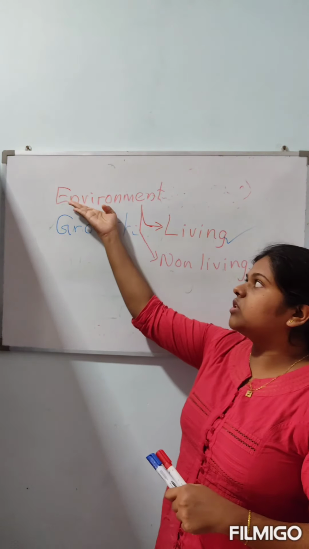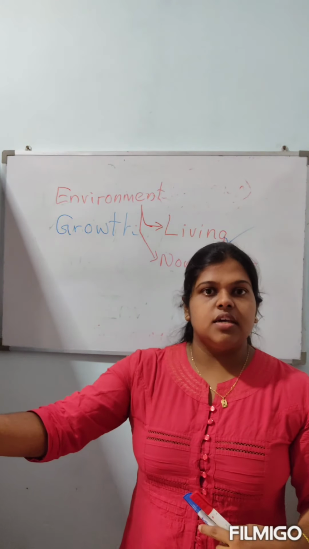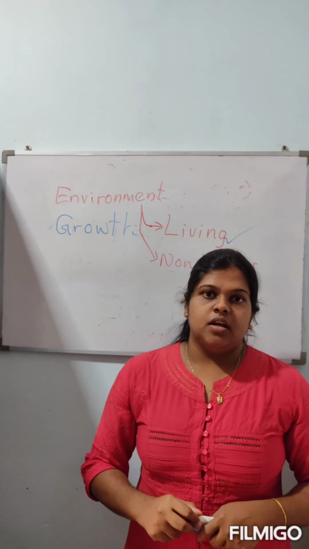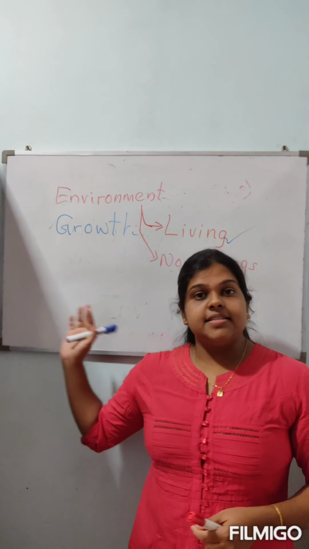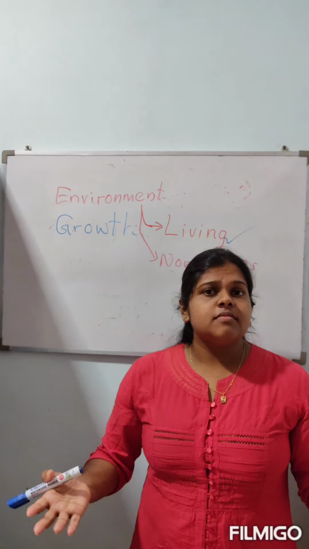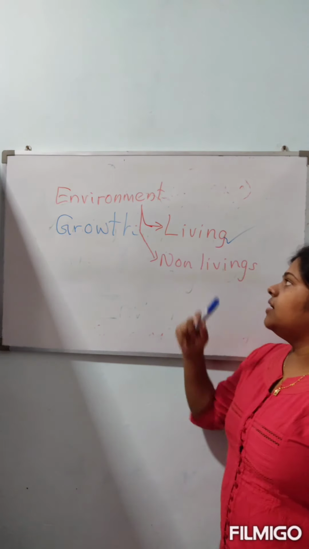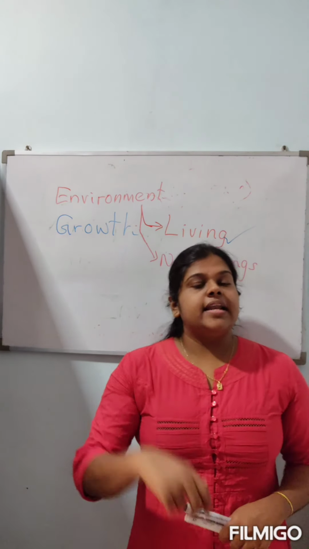So environment, we know that they are the surroundings including us. Inside this surrounding, we can classify them into two groups as living and non-living. Non-living means many things, like this pen, this board, houses, buildings, vehicles, bed, cupboard, doors. Living organisms, there are mainly 3 types.